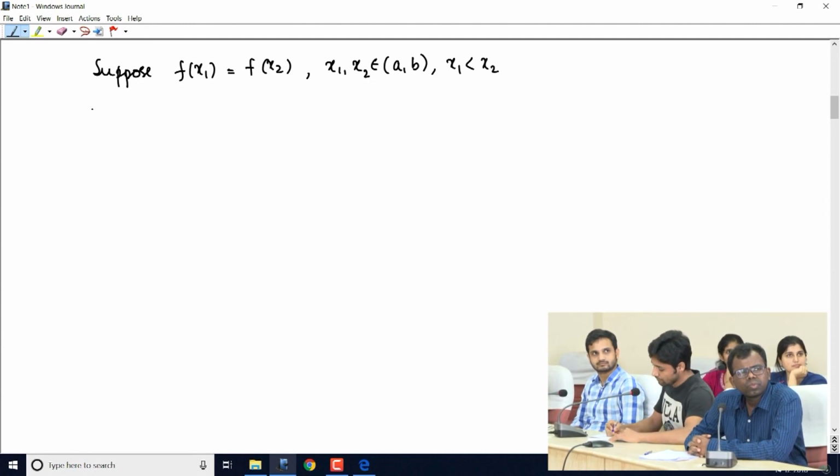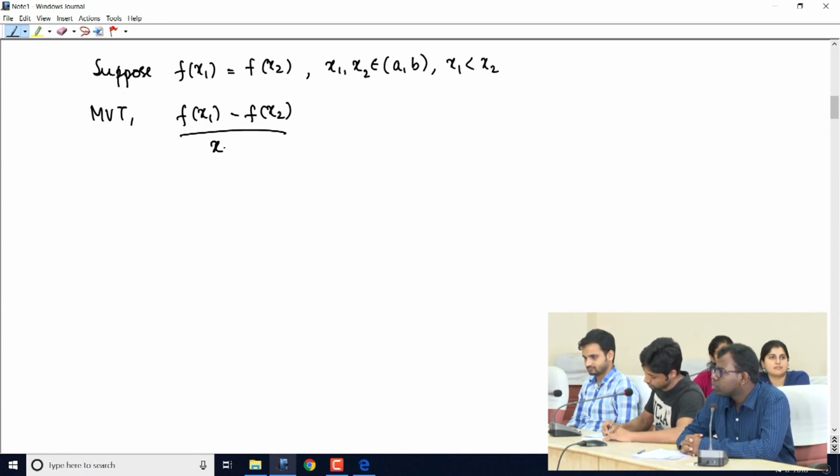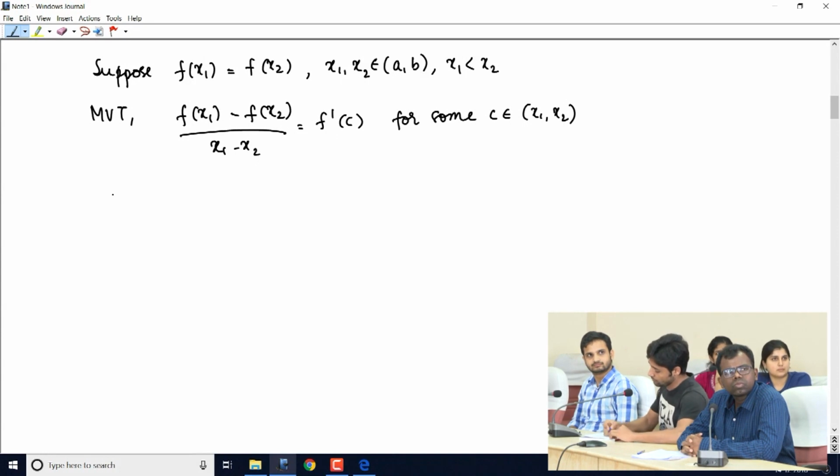Then by the mean value theorem, f of x1 minus f of x2 over x1 minus x2 equals f dash c for some c belonging to the open interval x1 comma x2, right? Since f of x1 equals f of x2, therefore f dash c equals 0, which is a contradiction because it is given that f dash x is not equal to 0 for all x belonging to the open interval a comma b, and therefore we can conclude that f is a one-to-one function.